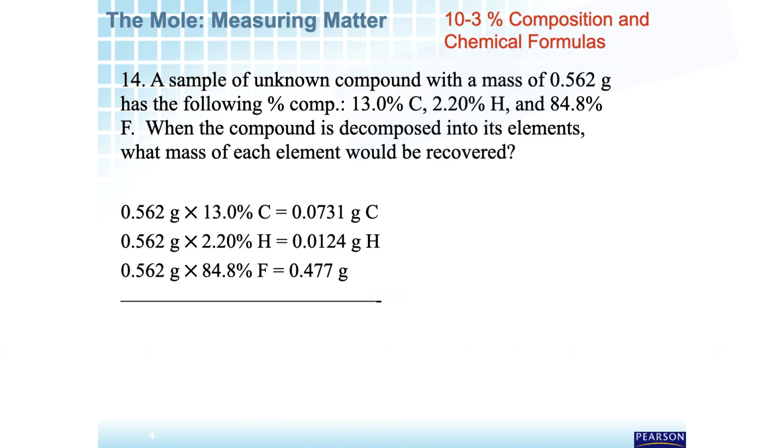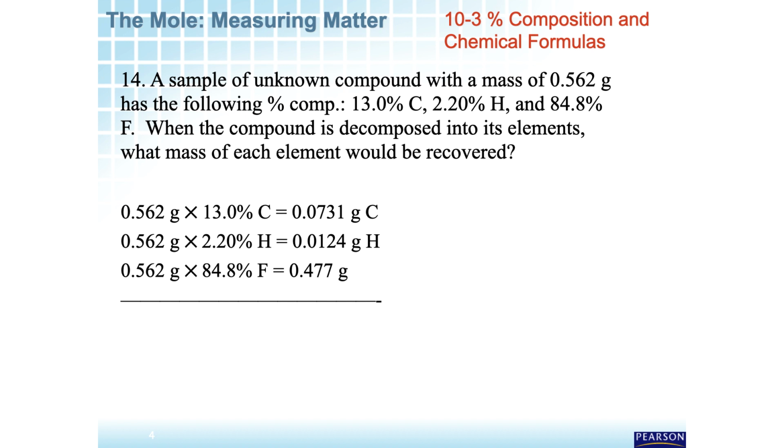So here we go. I've got 0.562 grams. I multiply that by 13%. That gives me 0.0731 grams. I have 0.562 grams times 2.2% is 0.0124 grams. And the 0.562 times 84.8% fluorine comes out to 0.477.